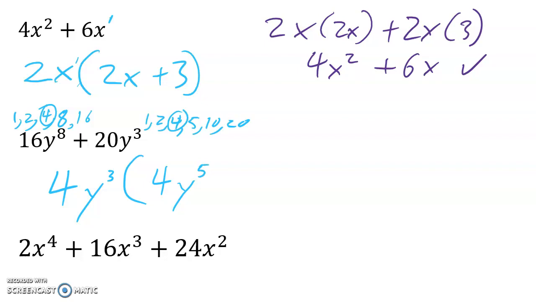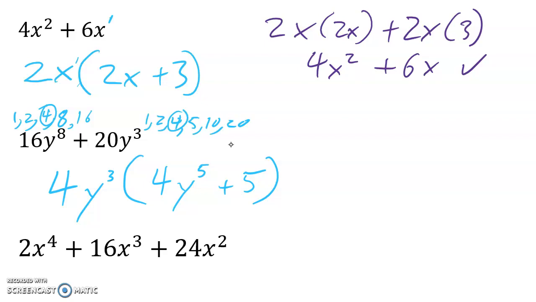And then 20y to the 3rd divided by 4y to the 3rd. 20 divided by 4 is 5. Y to the 3rd divided by y to the 3rd, those cancel out. That just becomes 1. 3 minus 3 is 0. Y to the 0 is 1. I'm done there. Again, I have the greatest common factor now factored out.